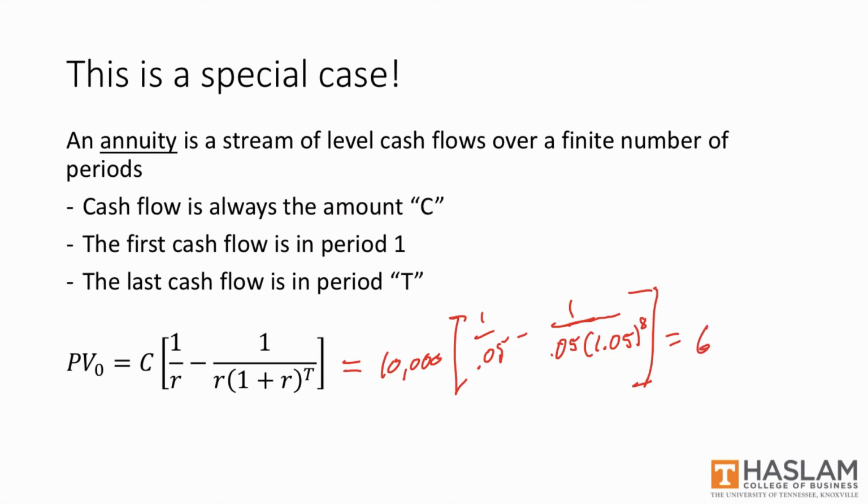You can solve that with your calculator, but you'll get 64,632.13, just like we did before. Now, I'll go ahead and mention that this formula right here is a little bit tedious to input in the calculator. Fortunately, a standard financial calculator actually has some functionality that will do this for you, and we'll talk about that at a later time.